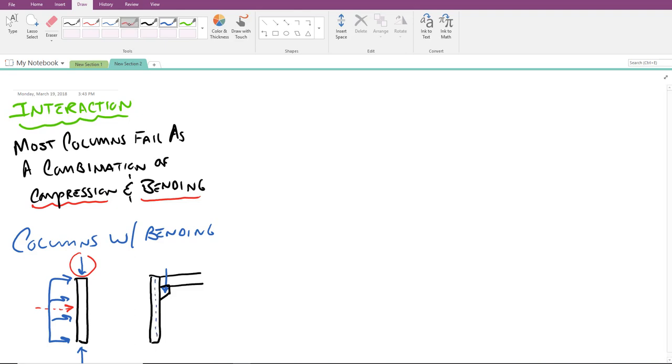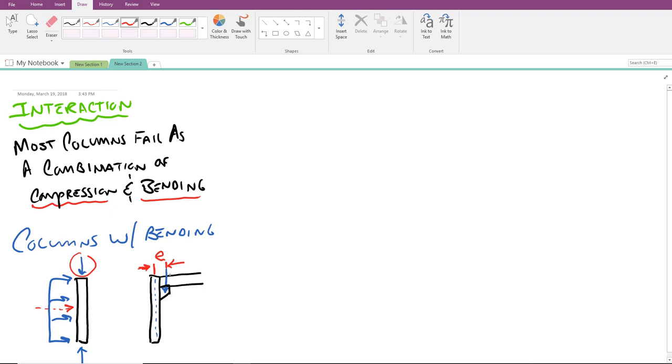And what we end up with is this distance between the load acting vertically and the center of the column. And you know that if you've got a force and some sort of a distance, we create a moment. The fancy way of saying this offset bending moment is a term we call eccentricity, or they just use a little lowercase letter e to describe this.